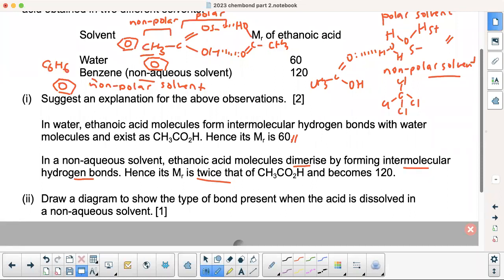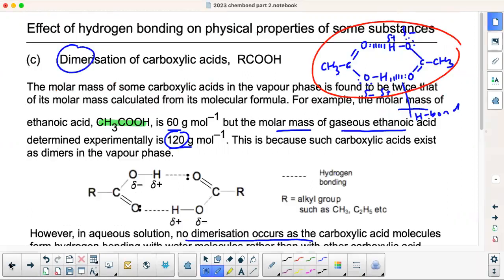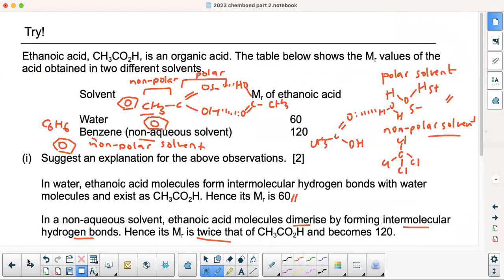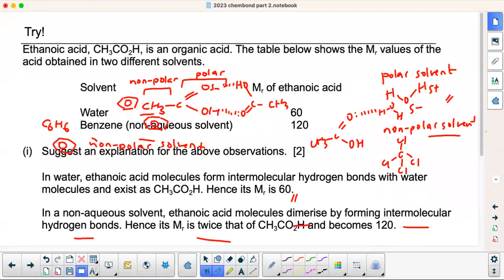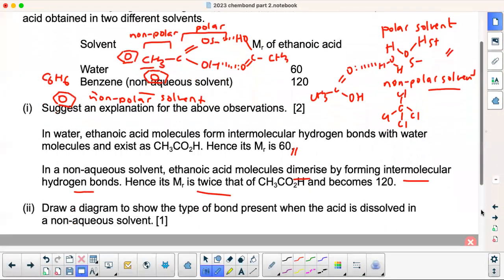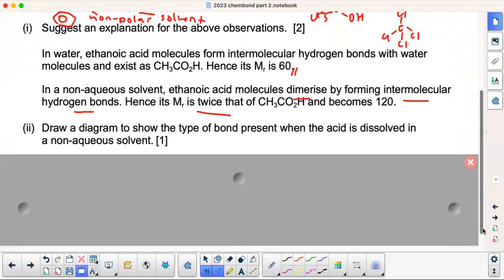Just copy from the slide. You can copy from the slide. Actually, if you ask me, it's all here again. But you have to draw this one. This one is from the dimer, right? R, of course, is just CH3. So that's the dimer. Can you just draw it out once and I tell you the marking point? Go through one more last part before we end.